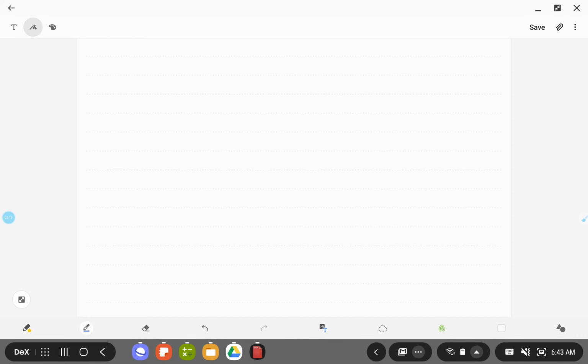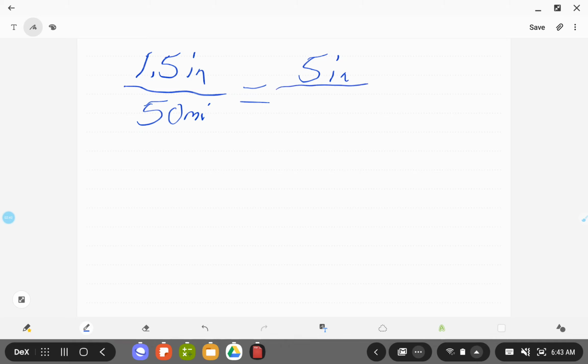Let's say you measured the little scale there, and it turns out to be an inch and a half, and it tells you that that inch and a half represents 50 miles. Well, then you get your ruler out, and you measure something, and you find out that the place you want to go is 5 inches away on the map. Obviously, your destination is not literally 5 inches away, so you want to know how far it is.